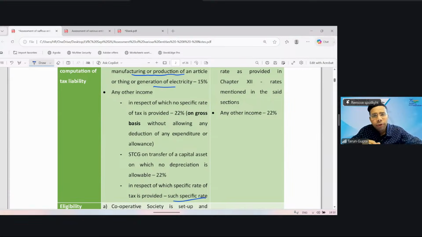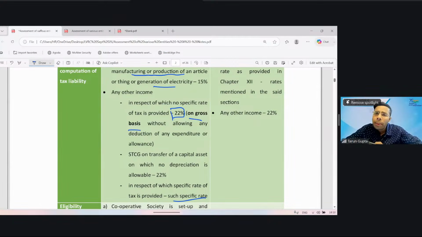If there is no such specific rate, then such income shall be taxable at 22% on gross basis. So the other income, other than manufacturing or production or generation of electricity, shall be taxable at 22%, other than the special income, and on gross basis without allowing any deduction.